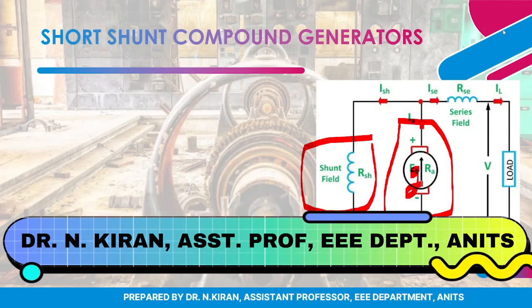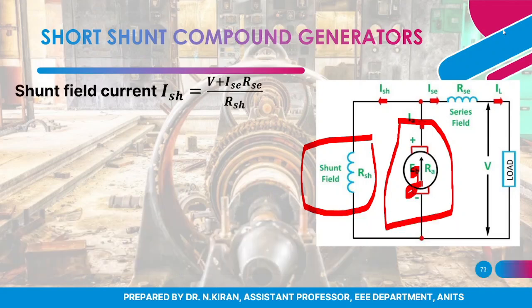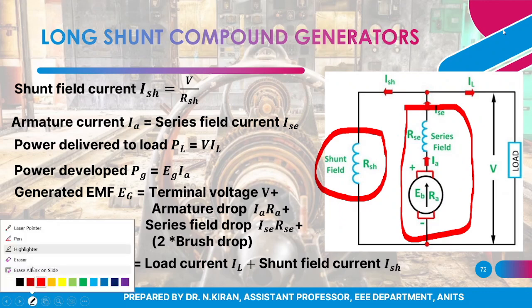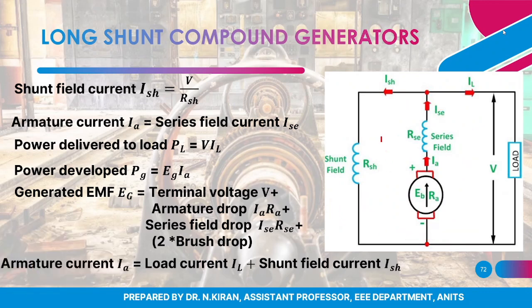If I write the equations depending upon the circuit diagram, my shunt field current ISH will be V plus ISC RSC divided by RSH. Previously it was V by RSH because the voltage across the shunt field winding was the terminal voltage.